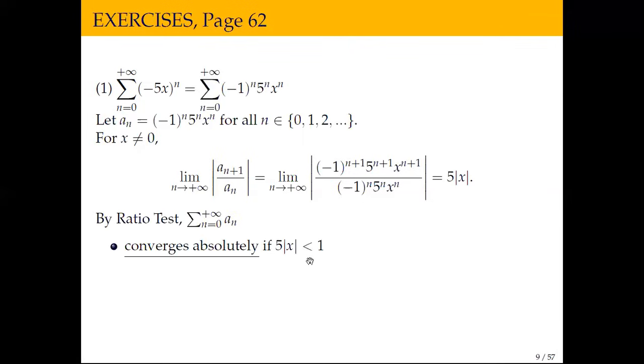By the ratio test, this infinite series converges absolutely when this value is strictly less than 1. That is, if you divide both sides by 5, you'll get the absolute value of x is less than 1/5. That is equivalent to saying that this infinite series converges absolutely whenever x is greater than -1/5 but less than 1/5.